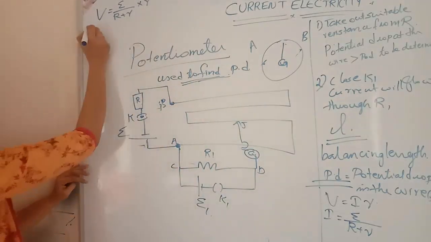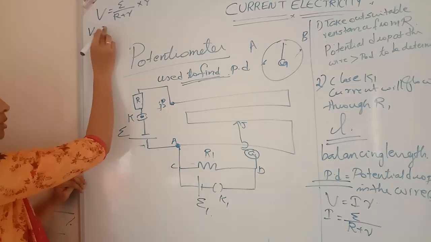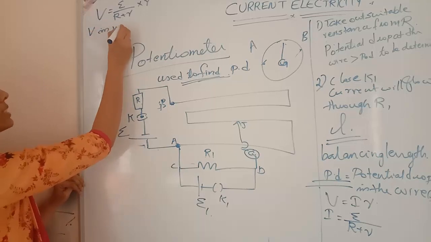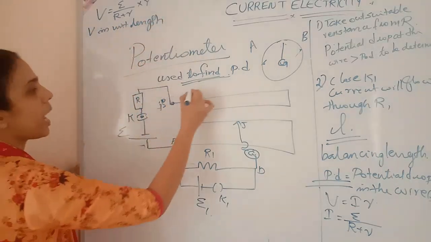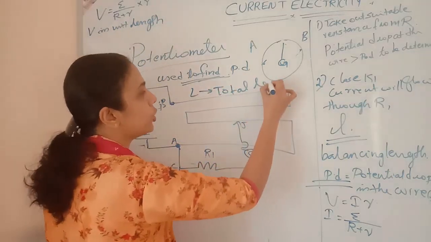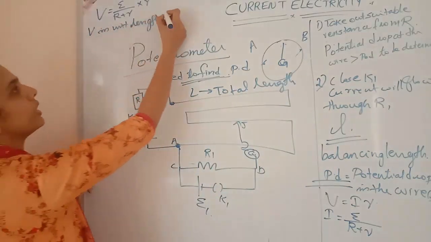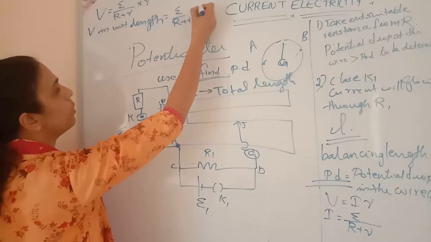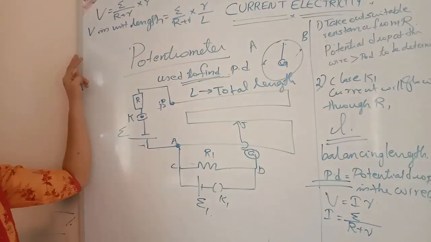Now what will be the potential drop in unit length? If capital L is the total length of the potentiometer wire, then the potential drop in unit length will be E by capital R plus small r into r divided by L, per unit length.